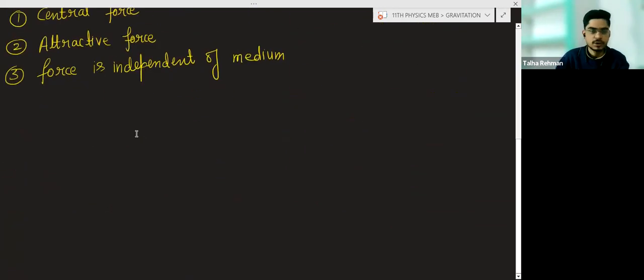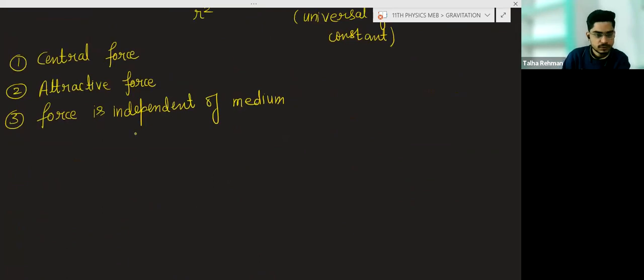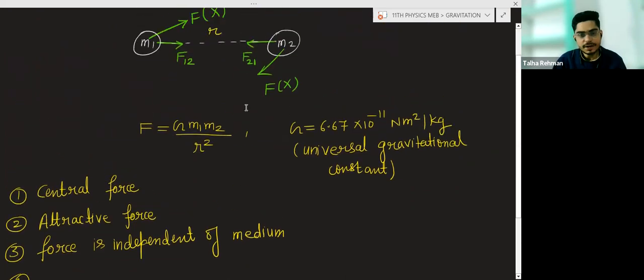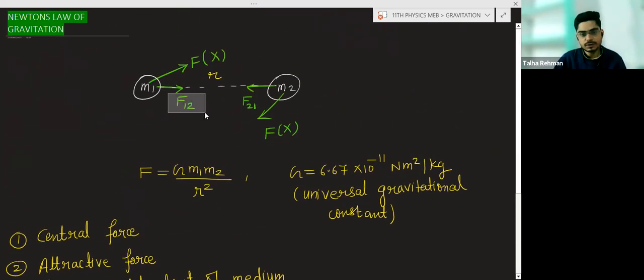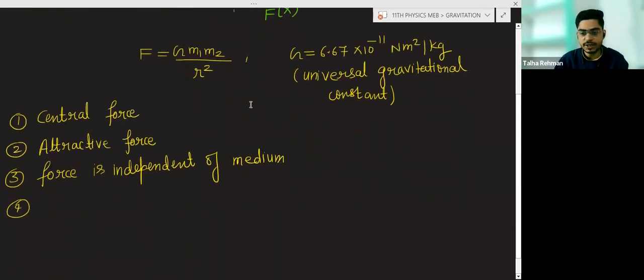Point number four. These forces are equal and opposite. The force on mass 1 due to mass 2 is equal to the force on mass 2 due to mass 1, and they are in opposite directions, so they are equal and opposite.